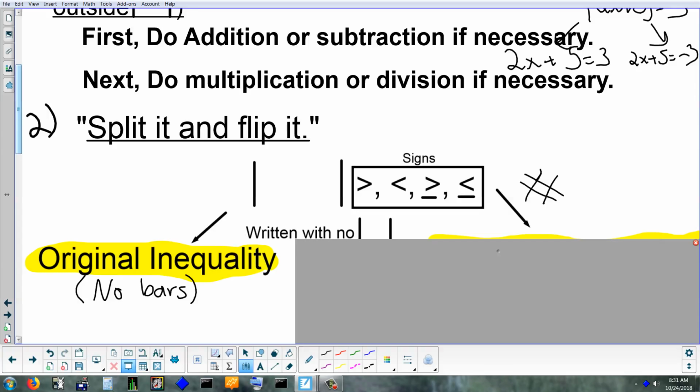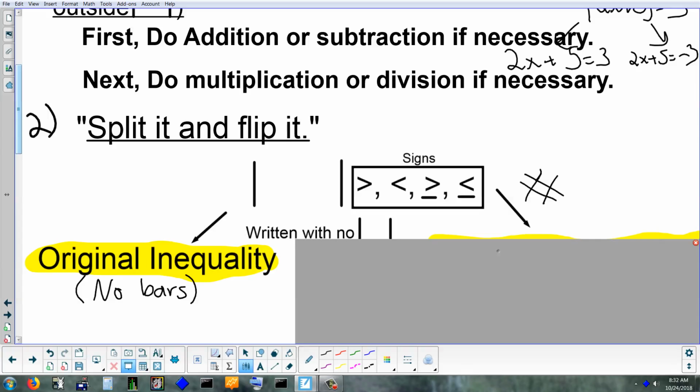It becomes a negative. Good, Chris. Now remember, we said that absolute value equations, once the bars are by themselves, can never equal a negative. With absolute value inequalities, with the signs, it's okay if you have a negative at the end. So it's okay if you have a negative number.